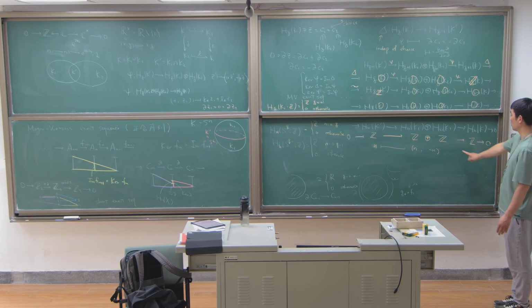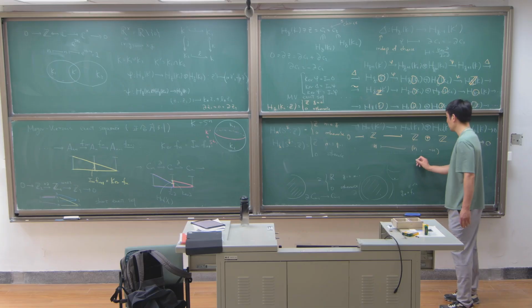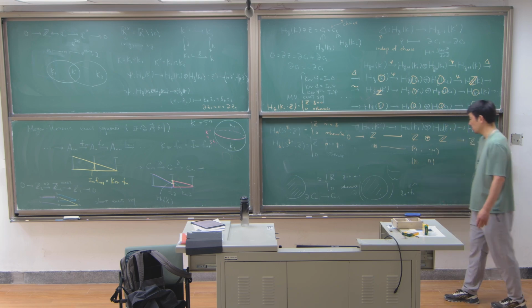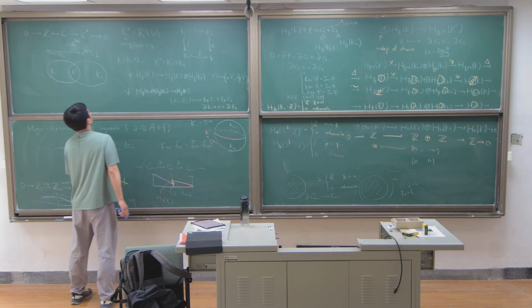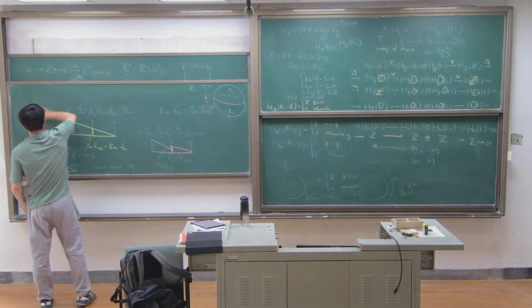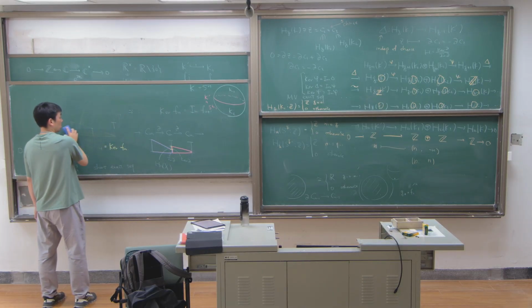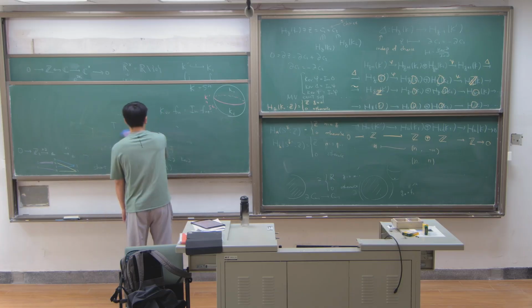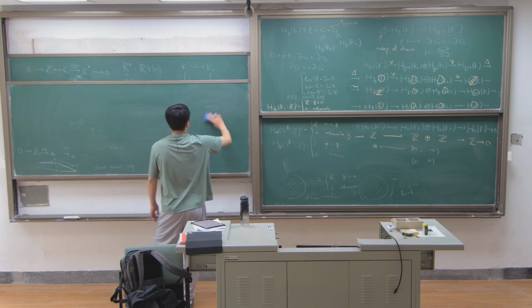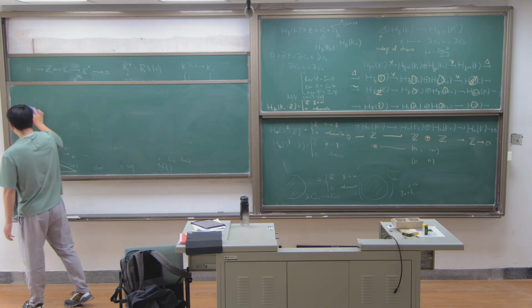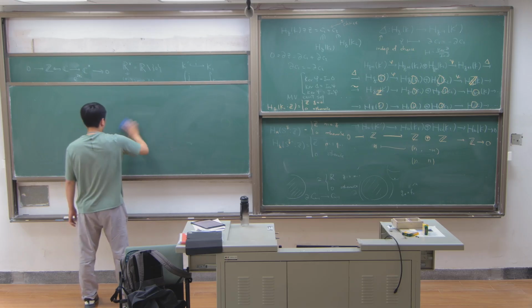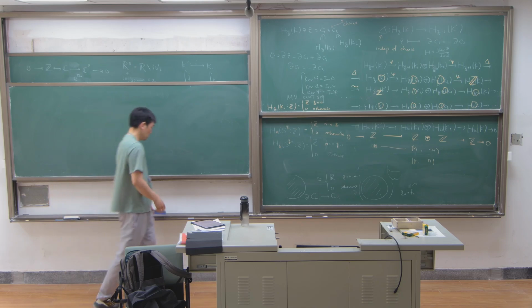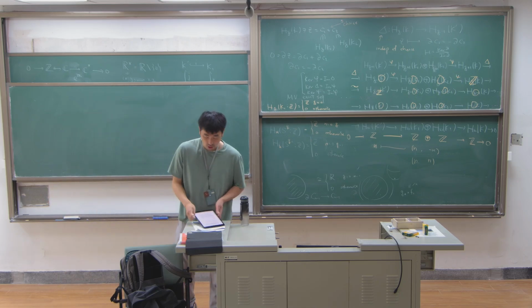So the kernel, the image, non-trivial image, just for instance, n, and then you can take n. Okay, any question?